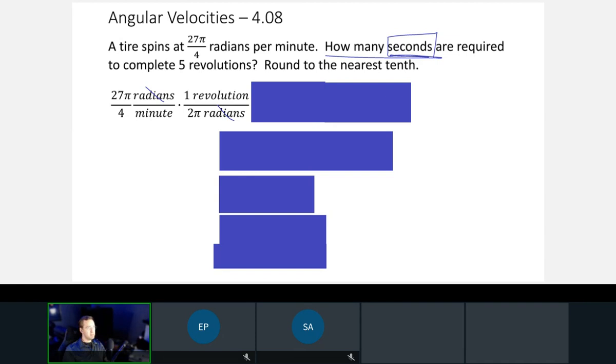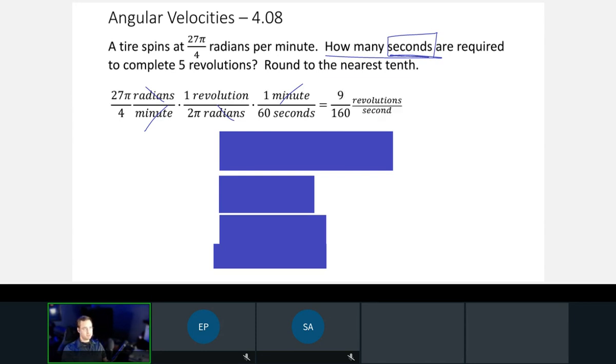So we're going to put the minute on top and the seconds on the bottom, because if we didn't, we couldn't cancel them out. Minute in the bottom, minute in the top, so those cancel out. So now we're left with revolutions per second. We're on a good start. All right, so we're going to multiply across top and bottom, and we're going to reduce. So that's how we get 9 over 160 revolutions per second.